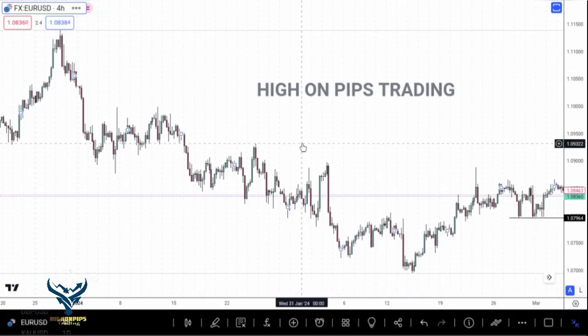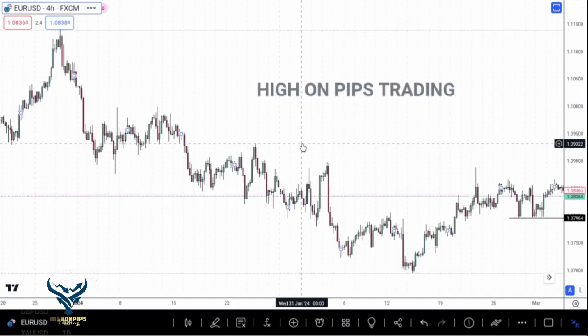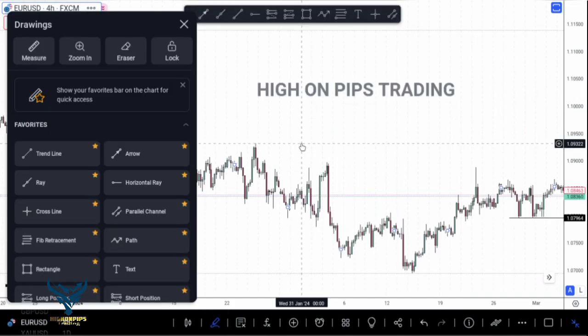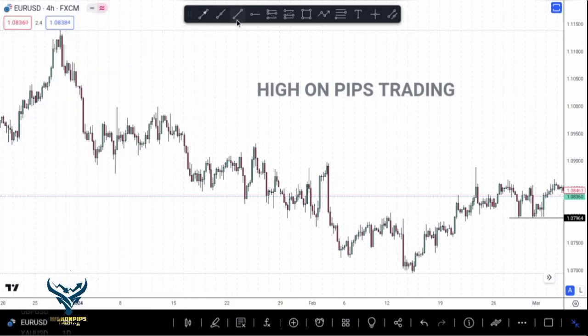Okay, this is a Euro US dollar chart. So on this Euro US dollar chart, the market has been selling. Okay, this market has been selling here from this top, right?